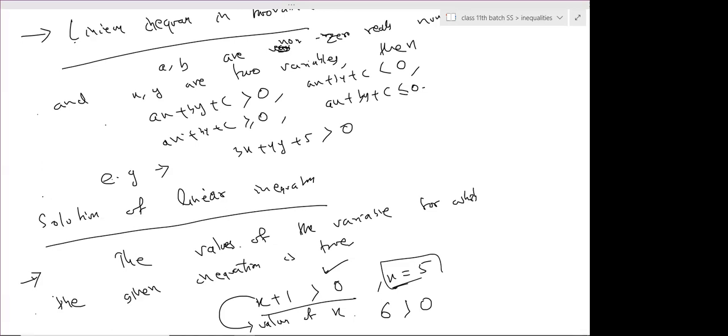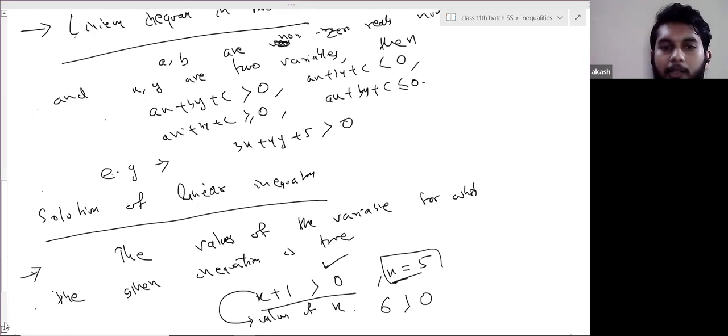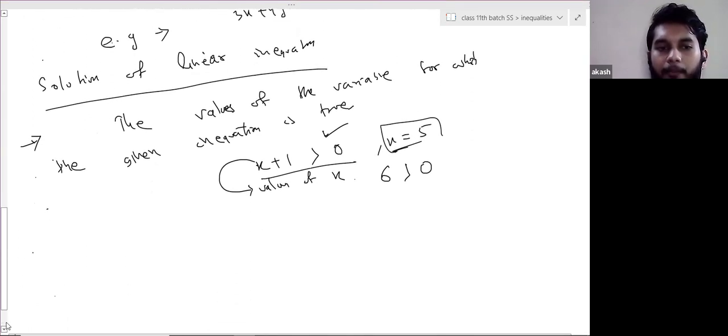All right. So how to solve linear inequations? These are all theoretical things, but from now on, we are starting how to solve questions.